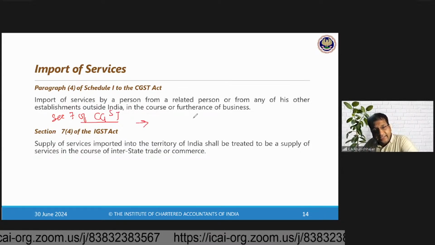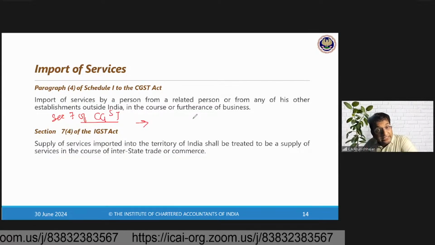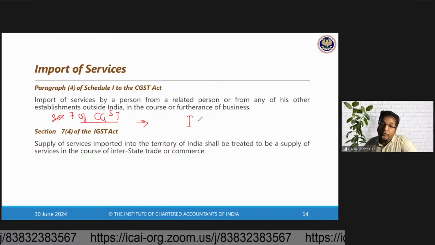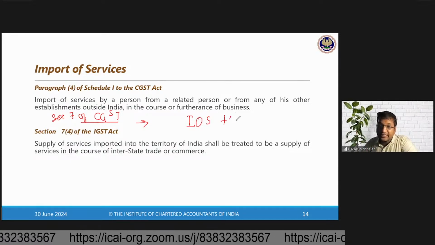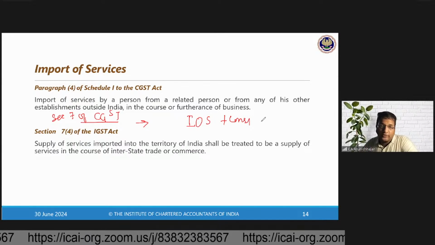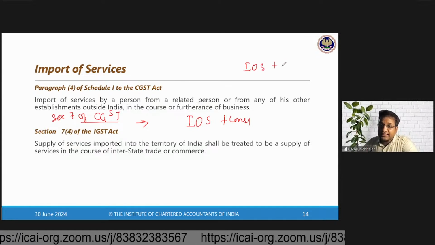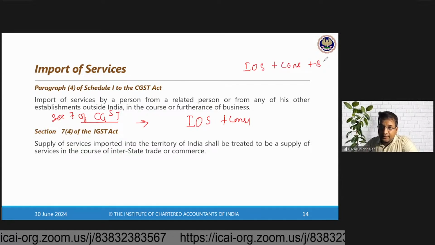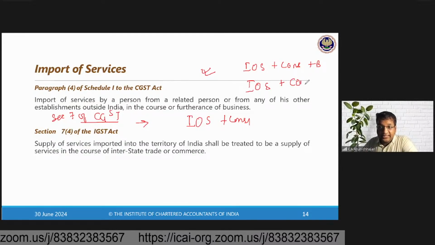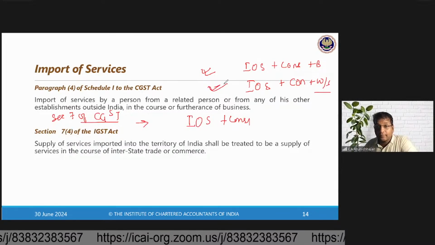In Section 7 subsection 1, we have discussed in the initial chapter that import of service with consideration, whether or not it is in the course or furtherance of business, will always be a supply. So it means import of service with consideration with business is a supply. Import of service with consideration but without business is also a supply as per 7(1)(b).